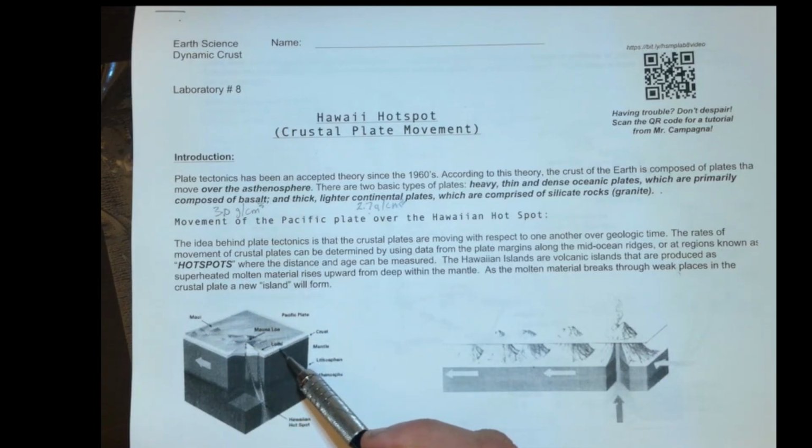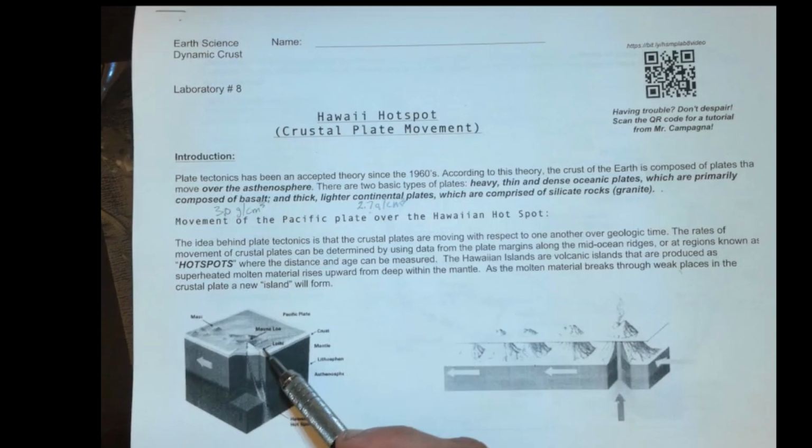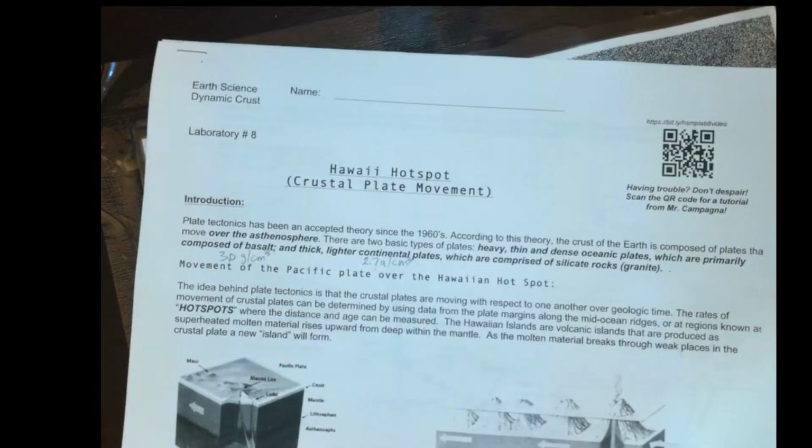Now you also notice Loihi, which is our new volcanic island. It's not quite an island yet, it's still underwater, is being formed. And you can see here Maui, which is quite a bit older than Mauna Loa, which is relatively new.